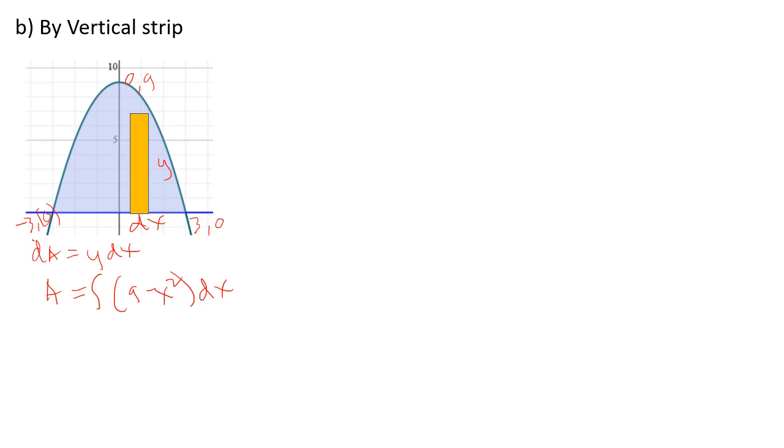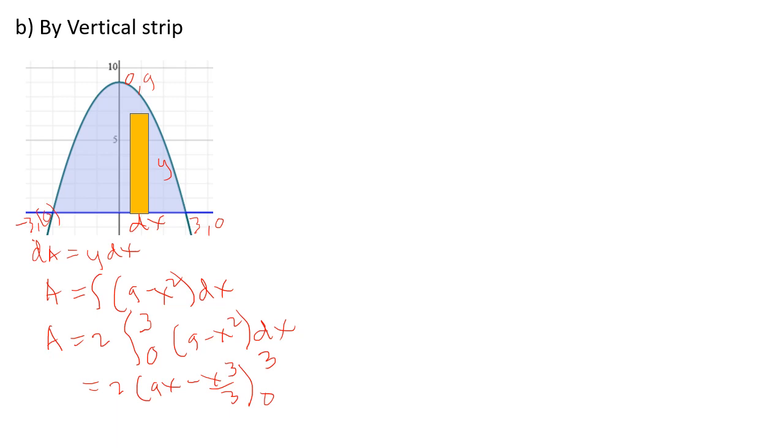Since symmetry, you have area equals 2 times the integral from 0 to 3 of 9 minus x squared dx, equals 2 times 9x minus x cubed over 3, limit from 0 to 3, or equivalent to area equals 2 times 9 times 3 minus 3 cubed all over 3, then minus 0.